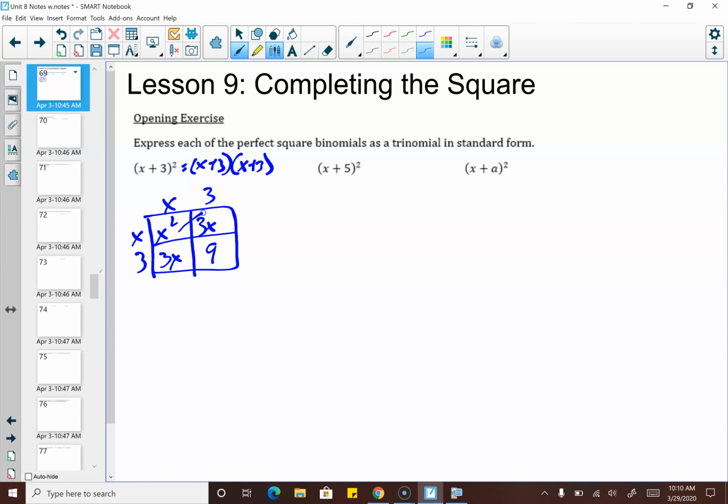So we have our like terms here. So we have x² + 6x + 9. And what I want you to do now is pause the video, and repeat that process for the remaining two.